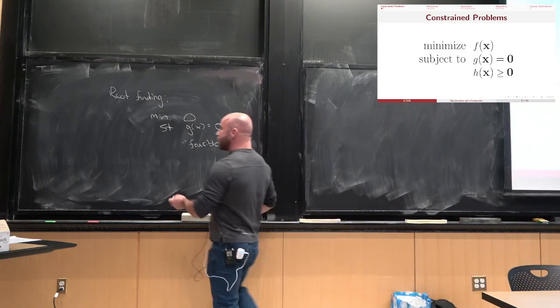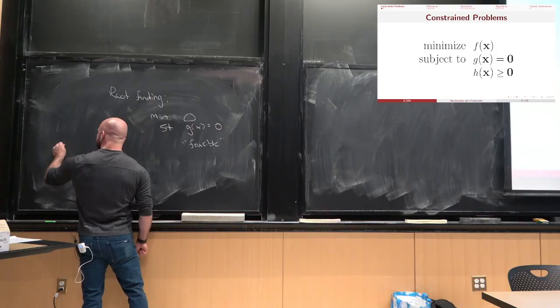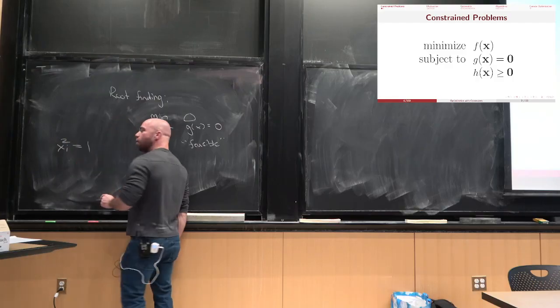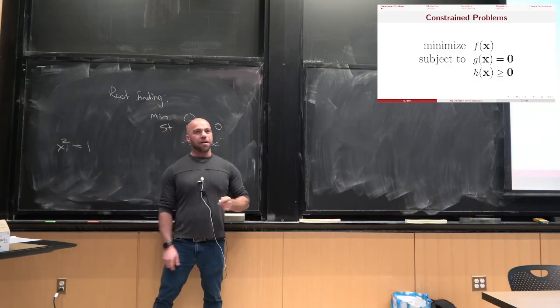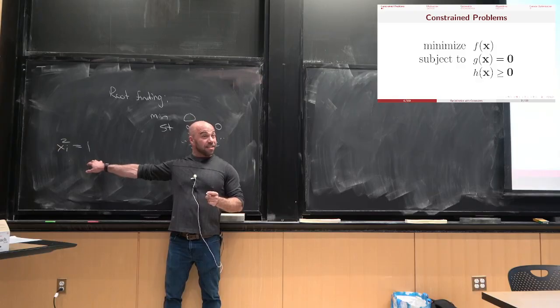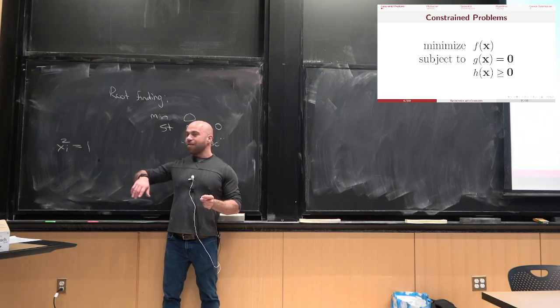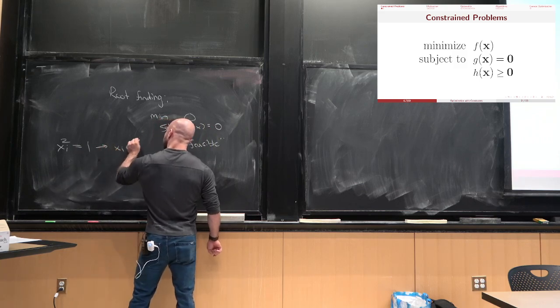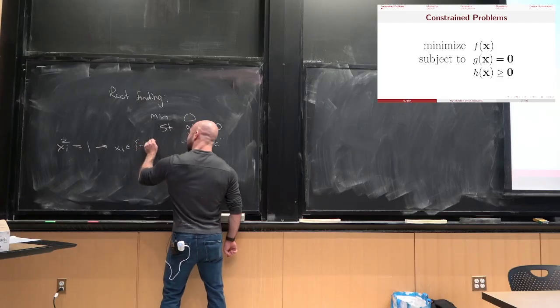So for example, let's say that I add a constraint that xi squared is equal to 1. So I just take one of the elements of x, xi, and I add this. This is a differentiable constraint. You see that? Now, what did I really do? Like, this constraint is equivalent to saying that xi is in the following set.